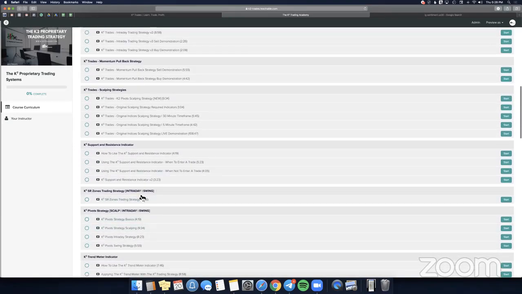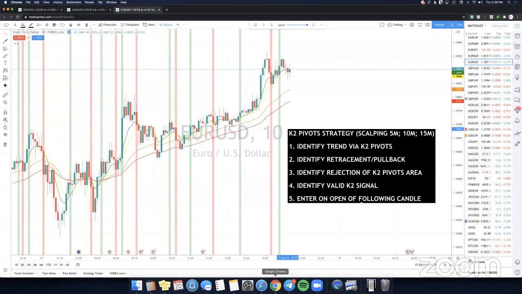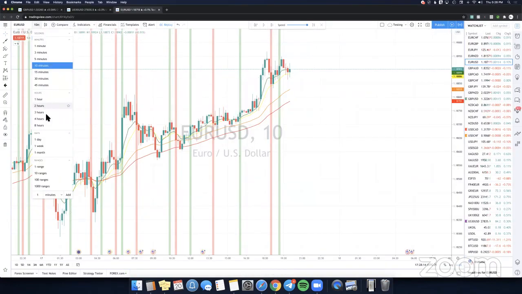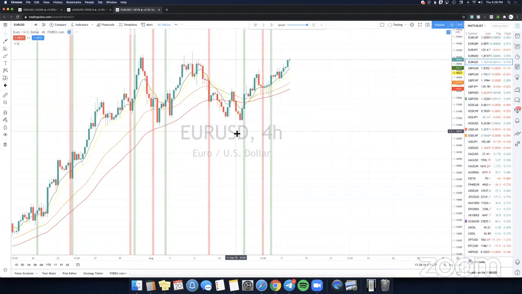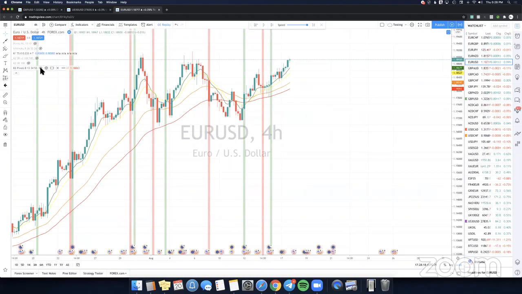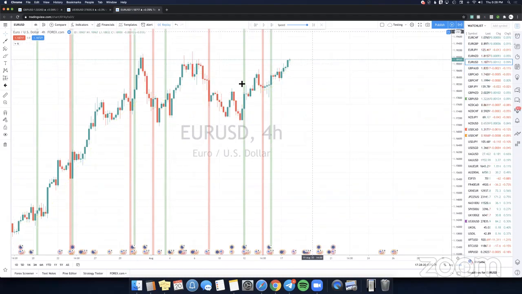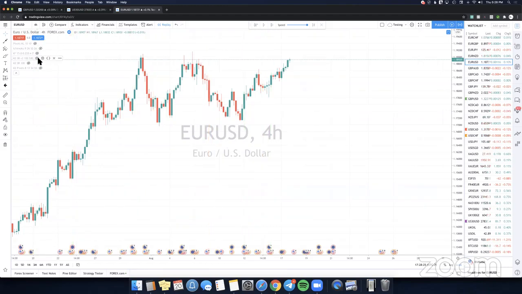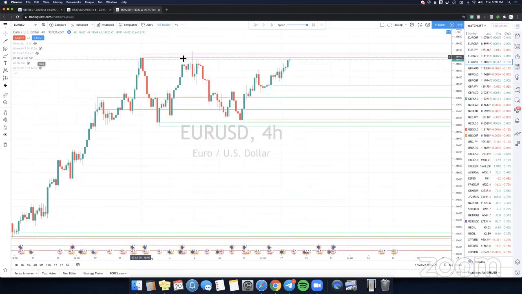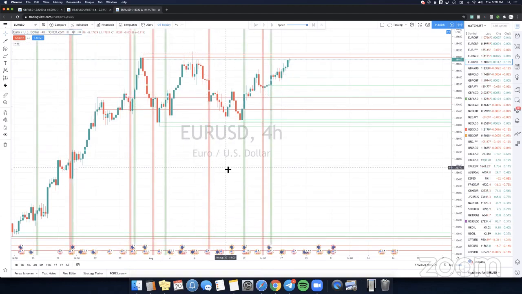And then the next one's going to be the zone trading strategy. So I'll go back to the 4-hour. And basically, what you want to do first is identify areas of rejection, basically the K2 pivots.